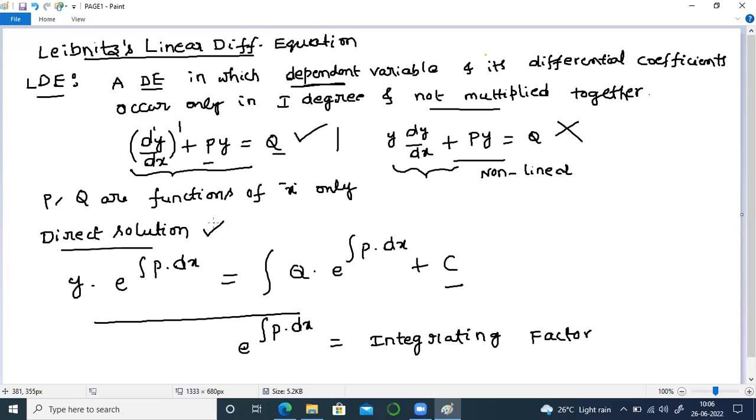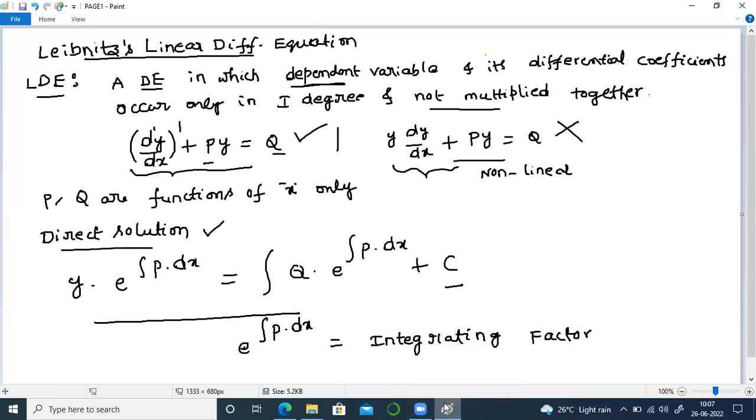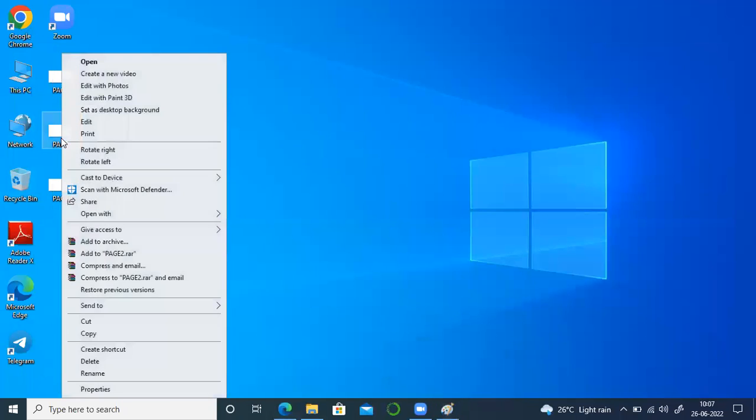Now straight away we will solve one problem by using this Leibniz linear differential equation method. So let's see. We go for phase 2.